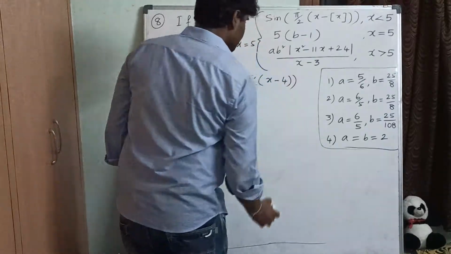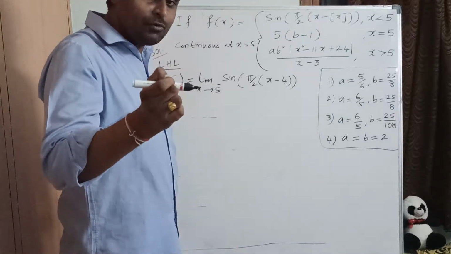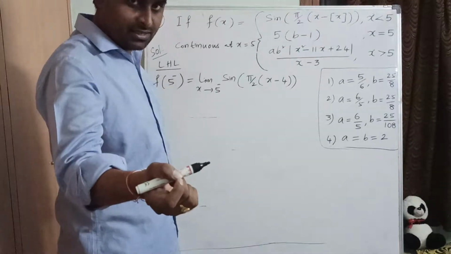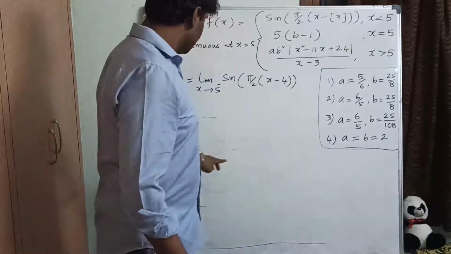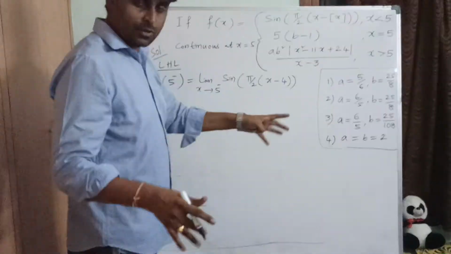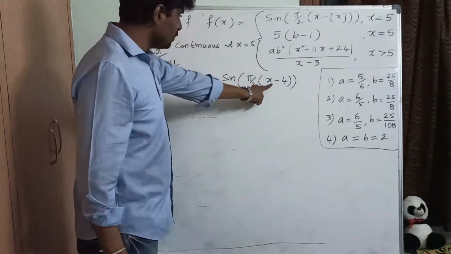Correct? Right? So 5 minus means 5 minus some quantity, that will be 4 point something, step will be 4, so can I write 4? Now if I substitute 5 there, the substituting value is 5 only, as the limit is 5 there, so 5 minus 4, 1.